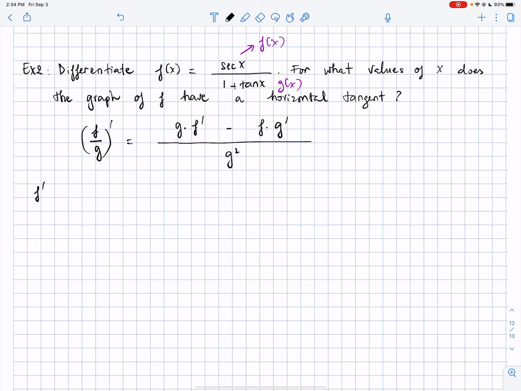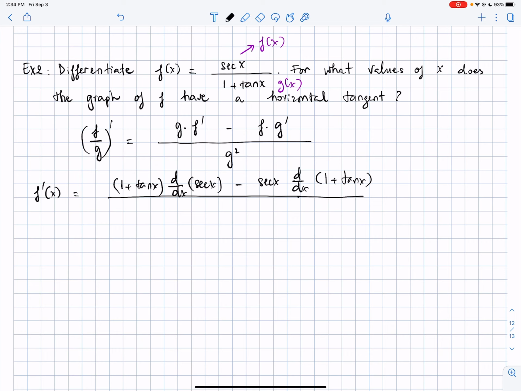So the derivative of the function f of x equals the function g, 1 plus tangent x, times the derivative of secant x, minus the function f, secant x, times the derivative of the function g, which is 1 plus tangent x, then divided by g squared, 1 plus tangent x squared.